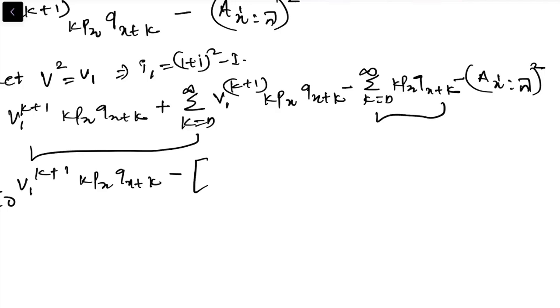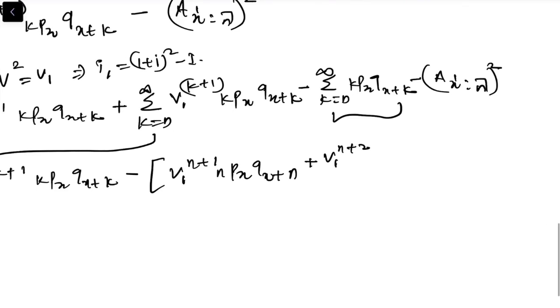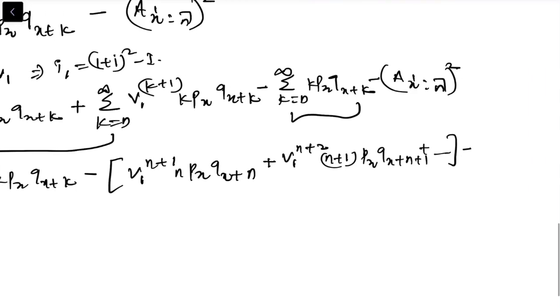This is v'^(n+1) _np_x q_(x+n) plus v'^(n+2) _(n+1)p_x q_(x+n+1), and so on, and at last we have (A^1_x:n) whole squared.